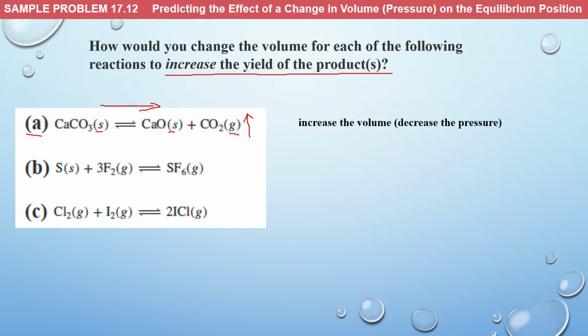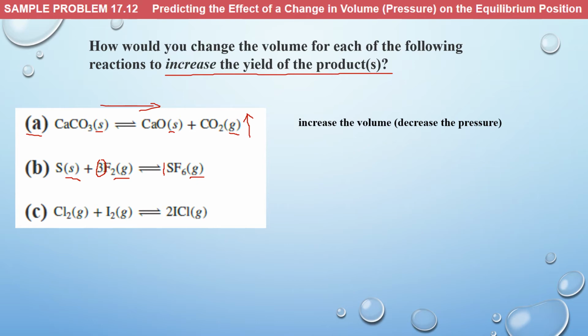For the second chemical reaction, we have a solid reacting with a gas and generating another gas. For the reactant, the gas phase molecule has 3 moles, so it has a coefficient of 3, and for the products, it's only 1. So the number decreases from the reactant to the products.